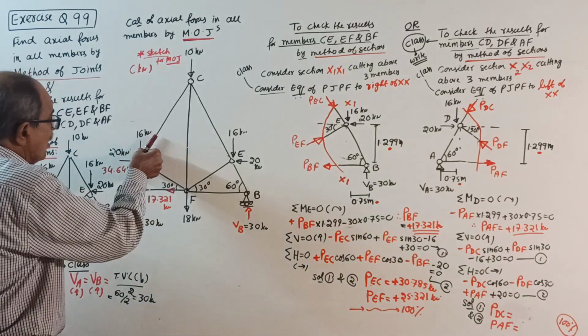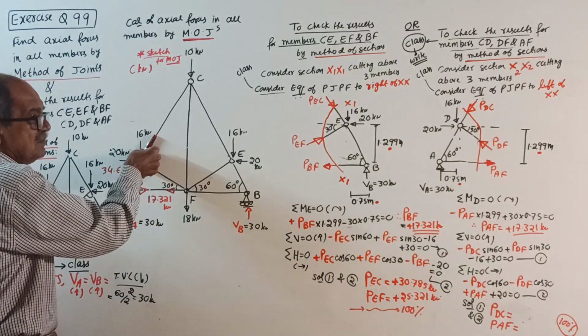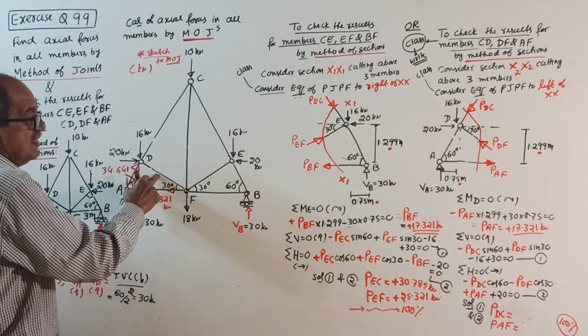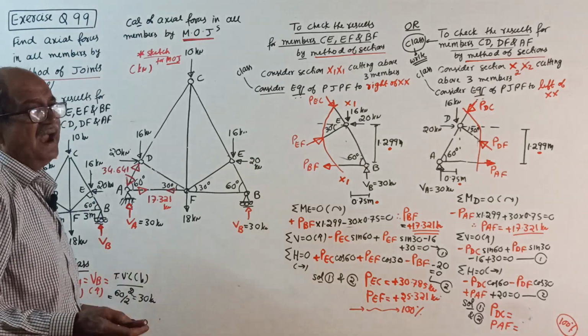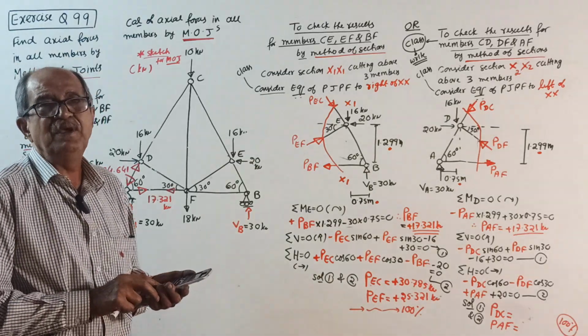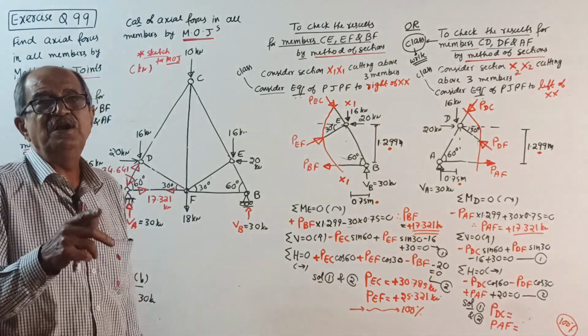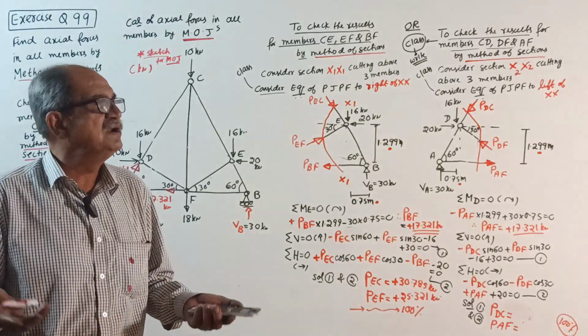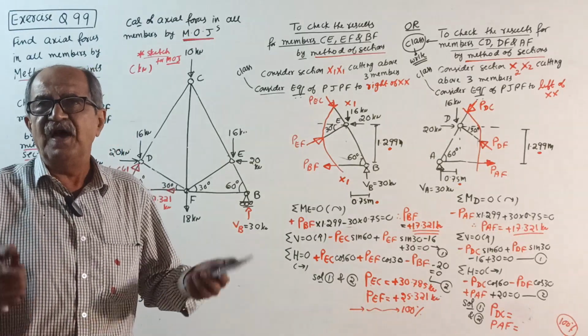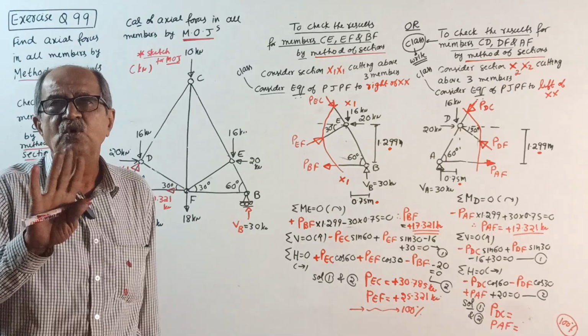I will first resolve normal to this member. I will get this force. Once I get this force, by equilibrium, I will get here. So that I will not explain here. Why? That is dangerous for you. Unless you, I told last time also, unless you have that much confidence, never go for it.